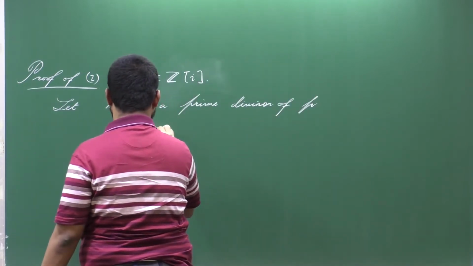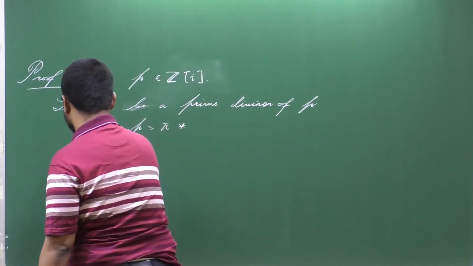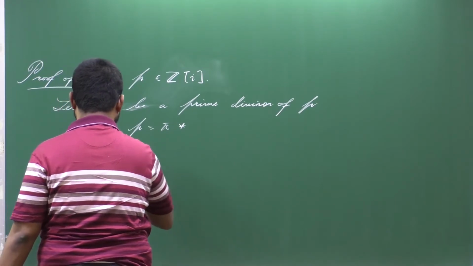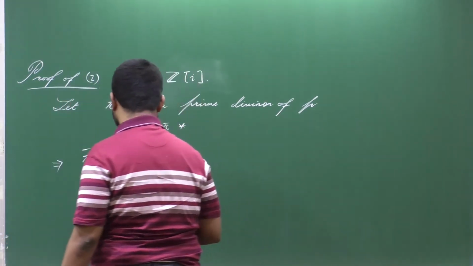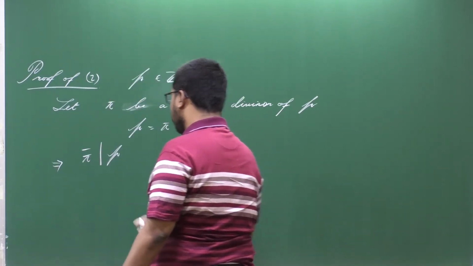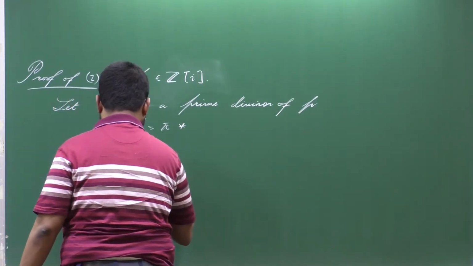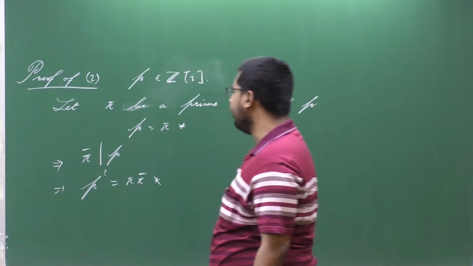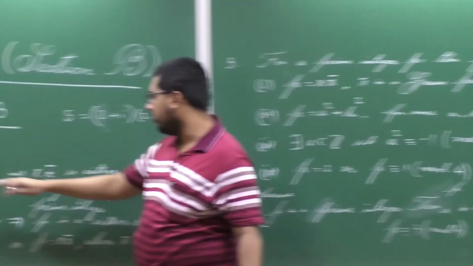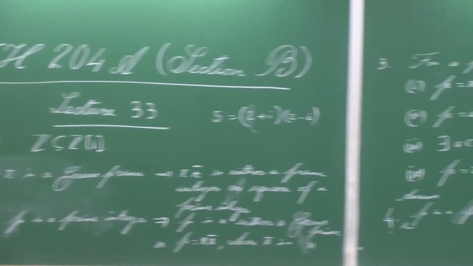That is, p must be of the form pi times something that I do not care about, but one thing is also clear: pi prime, the conjugate, also divides p. So, therefore, one has p squared equal to pi pi prime times something, where pi is a Gaussian prime. Now, come here: if pi is a Gaussian prime, then pi pi prime is either a prime integer or the square of a prime integer.